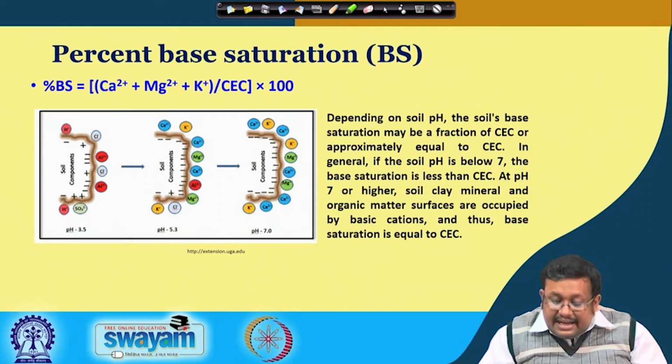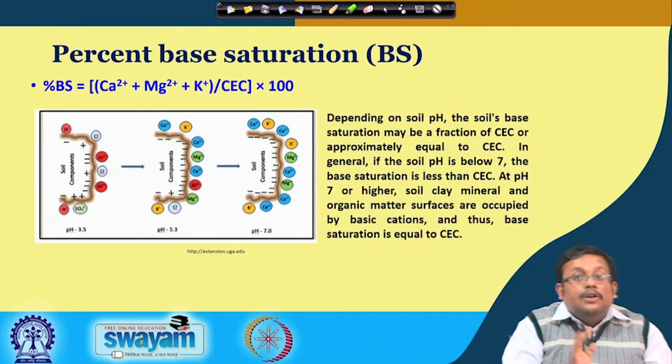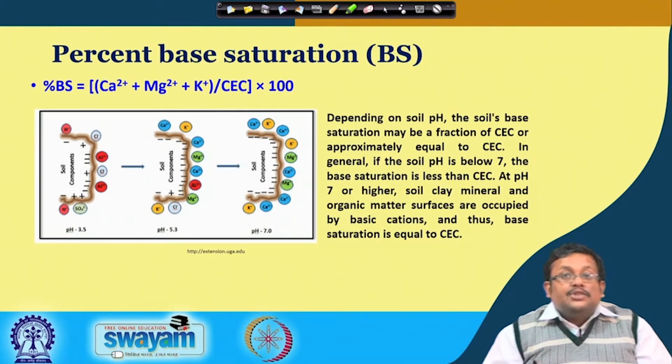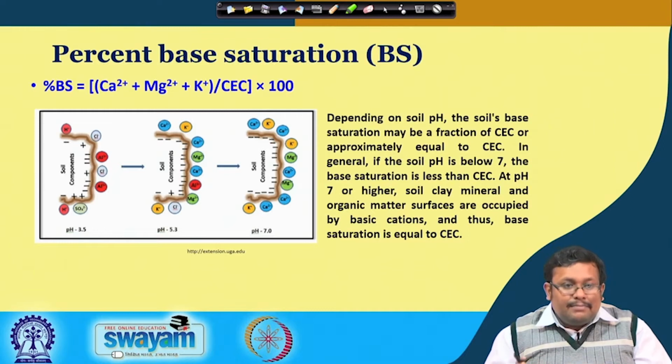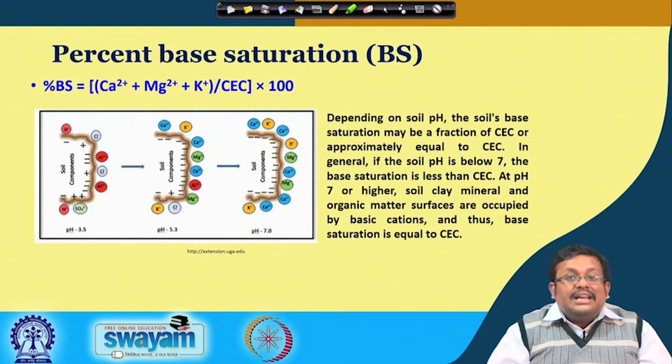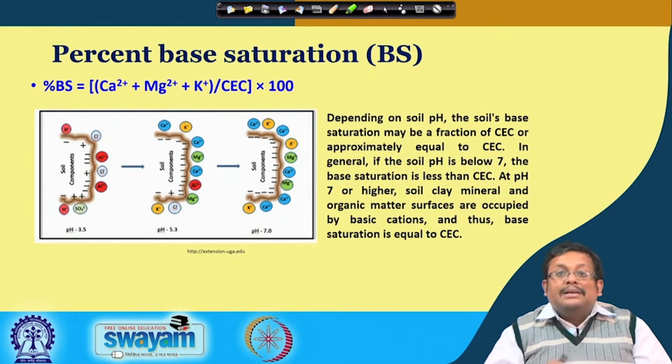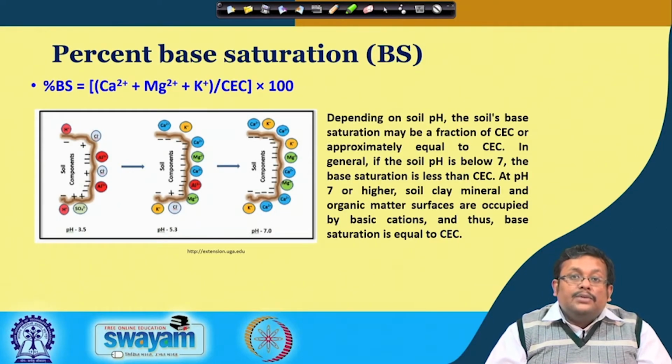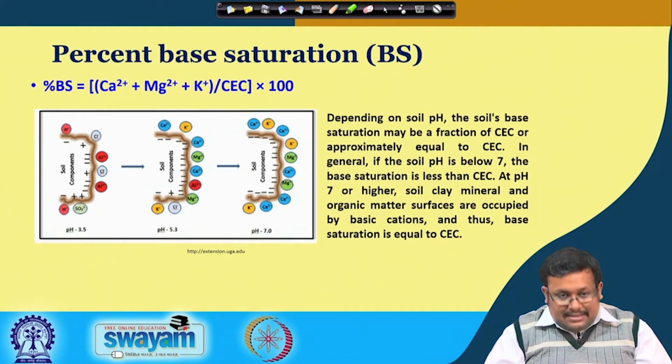In general, if the soil pH is below 7, the base saturation is less than CEC, because there must be some acidic cations. However, at pH 7 or higher, the soil, clay mineral, and organic matter surfaces are occupied by basic cations, and thus base saturation will be equal to the CEC.